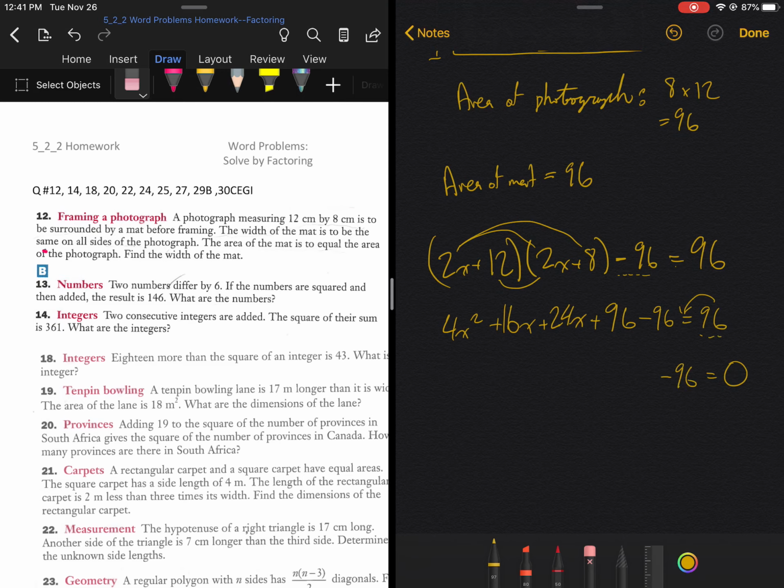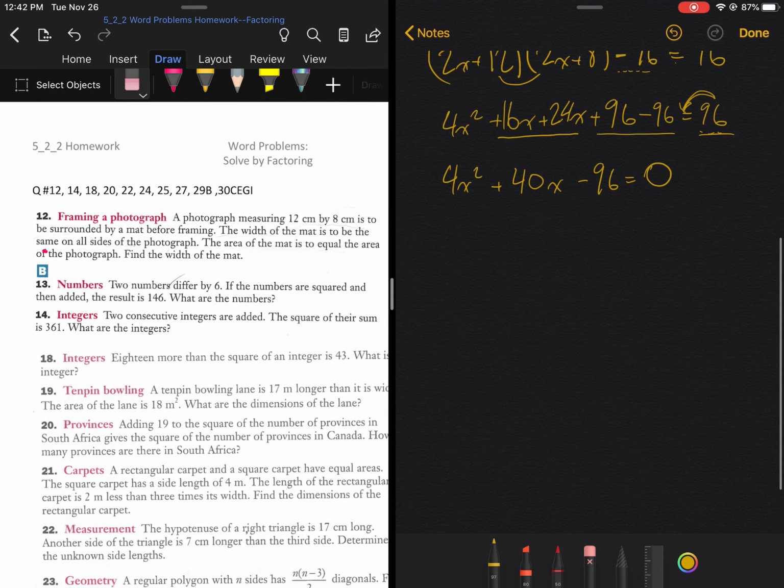First, let's bring this 96 over. So we have 0 equals 4x squared, plus 16 plus 24 is 40x, plus 96 minus 96, which is 0. Minus 96 equals 0.